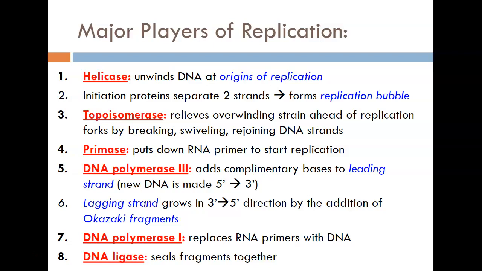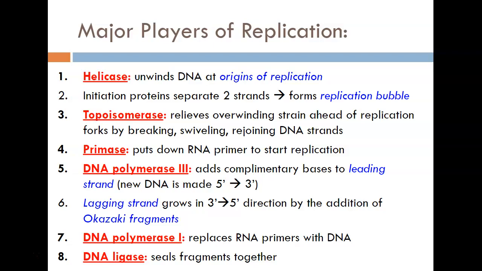Then initially some proteins are going to come in and separate the two strands, and they form this little complex called the replication bubble, which we'll see later. There's something called topoisomerase. Topoisomerase basically allows for the DNA to be unwound so it can be replicated.